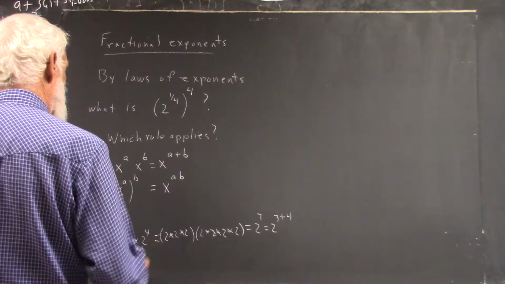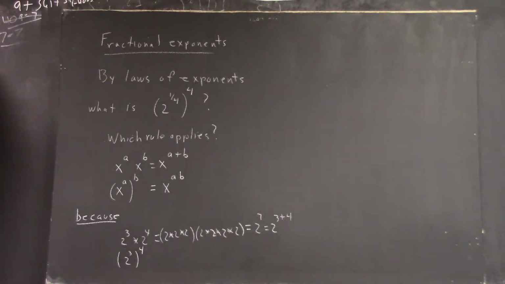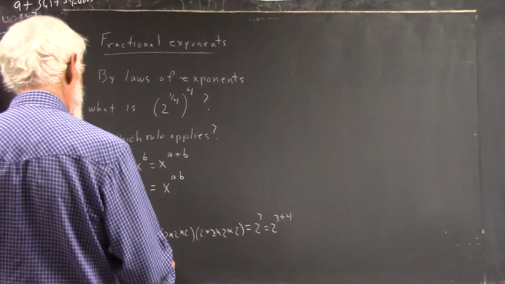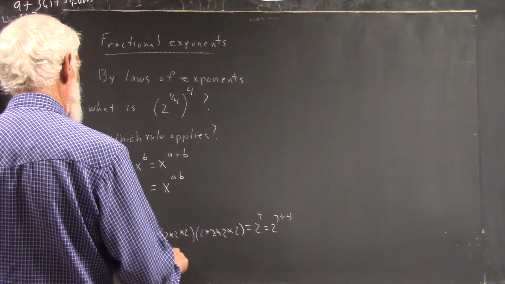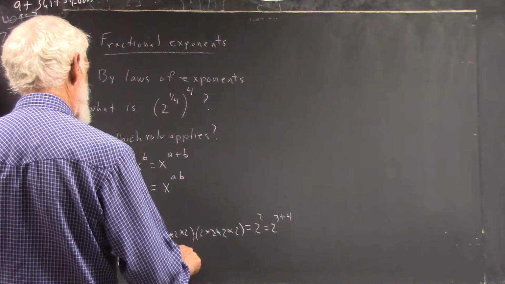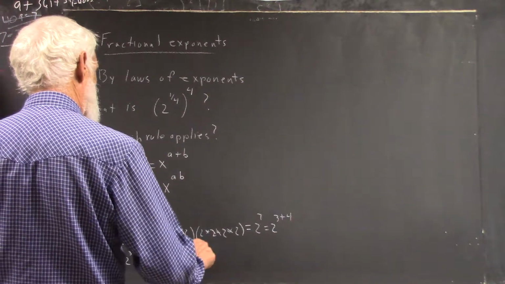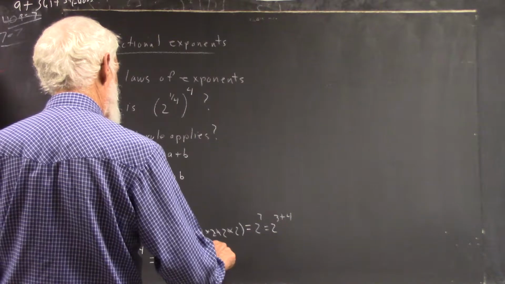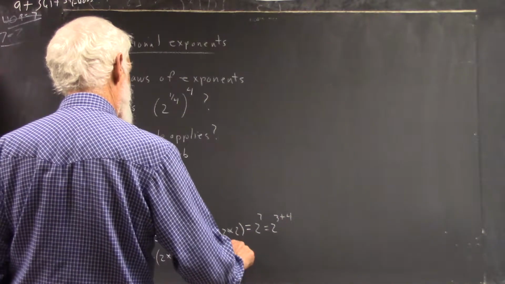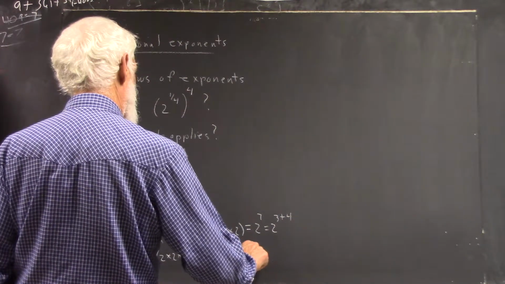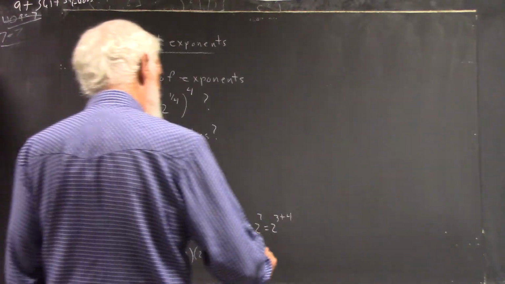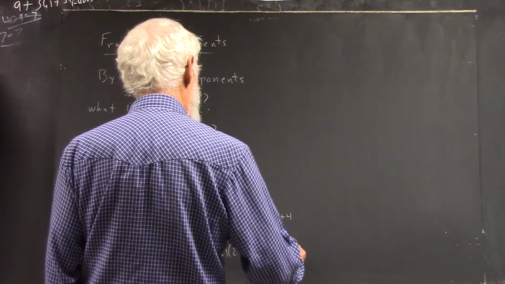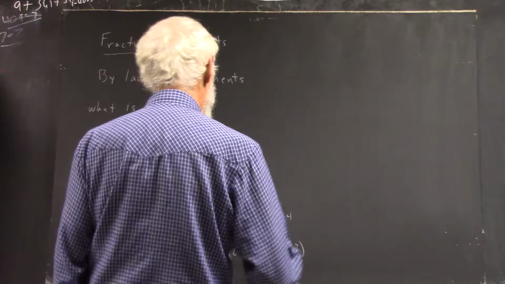Now what's 2 to the 3rd to the 4th power mean? Well, that means 2 to the 3rd's 2 times 2 times 2. And you got to multiply that by itself 4 times. Right?